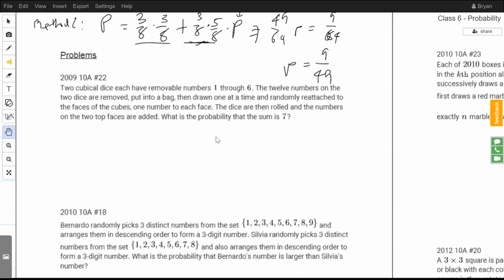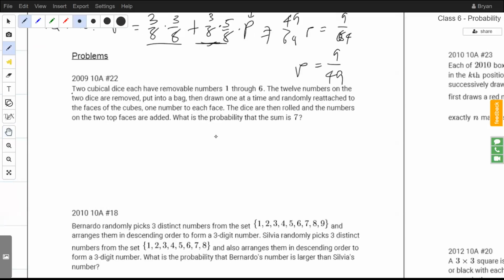At first it may seem this problem is really complicated, as you don't know what number is going to end up on what die and so on. But the cool thing about this problem is that you really don't need to. The part about the dice is really just to throw you off.